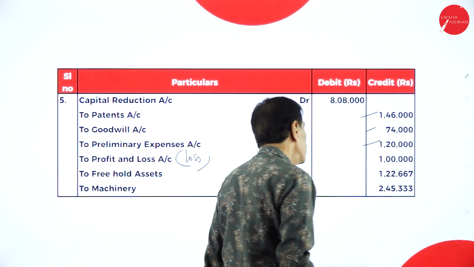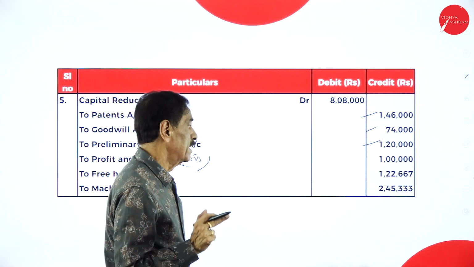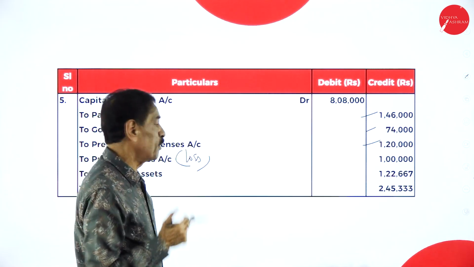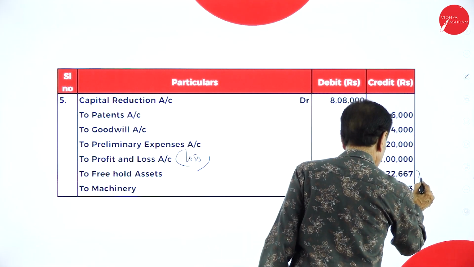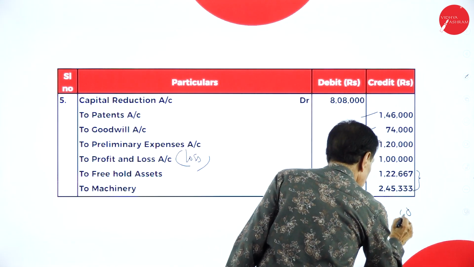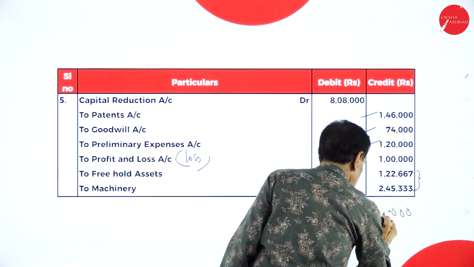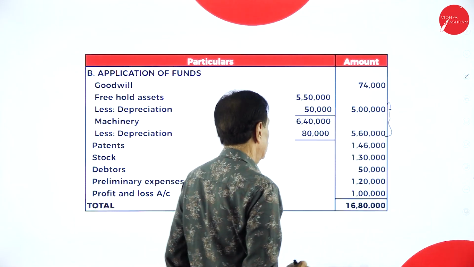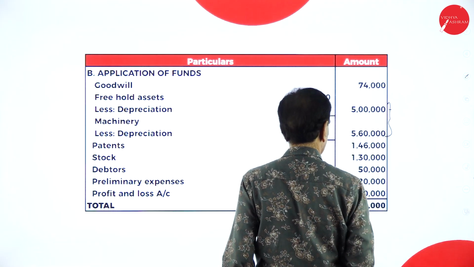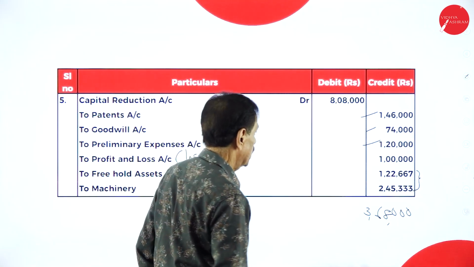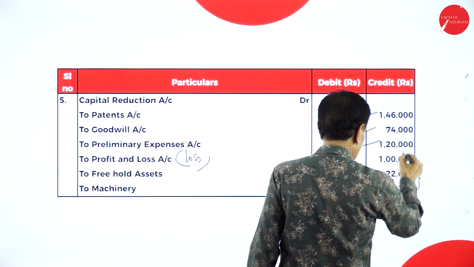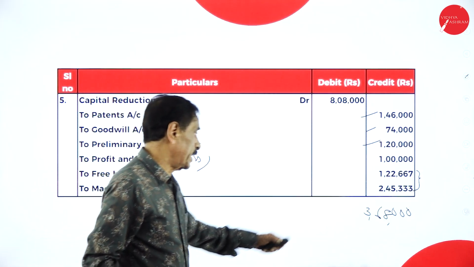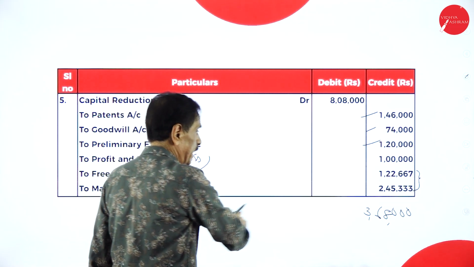Whatever amount is available, we share between the freehold asset and the machinery as per the problem. Here, available 3,68,000. The values are 5,60,000 and 5,00,000, which is the proportion here. What is available? 3,68,000. It has been distributed among freehold and machinery in the ratio.